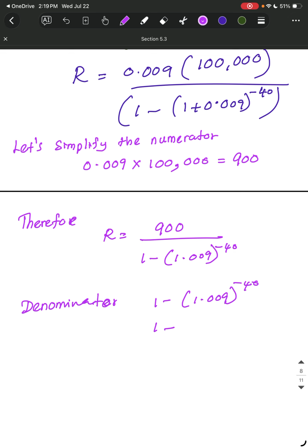How much is the value? Use your calculator to get the value. 0.6988, then 0.301112.